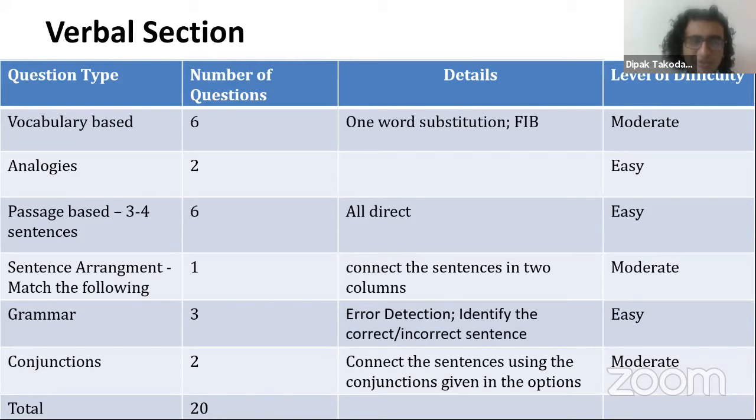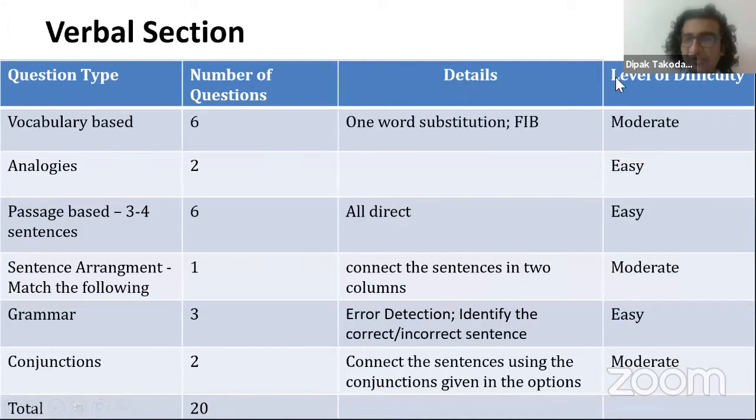Then there were fill in the blanks based questions, and a couple of questions on analogies. There were passages which hardly had 2 or 3 lines, maximum 4 sentences, and each of these passages had around 2 questions. All of them were direct. One of those passages also had a question on fill in the blanks.